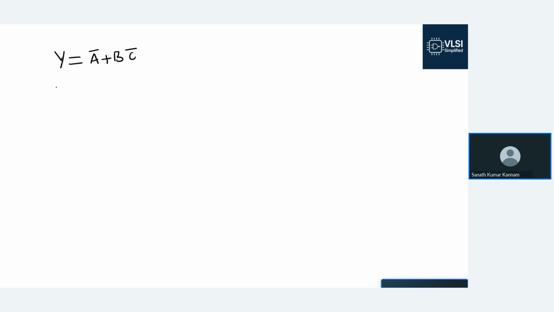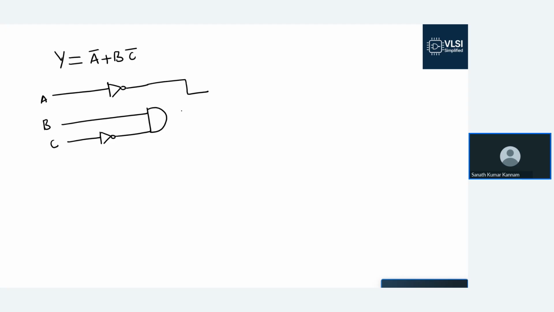First you draw with AND OR invert logic. So first this is an inverter. Next you have one AND gate, so this is A, B, and C, and this output is given to one OR gate. So this is step 1.